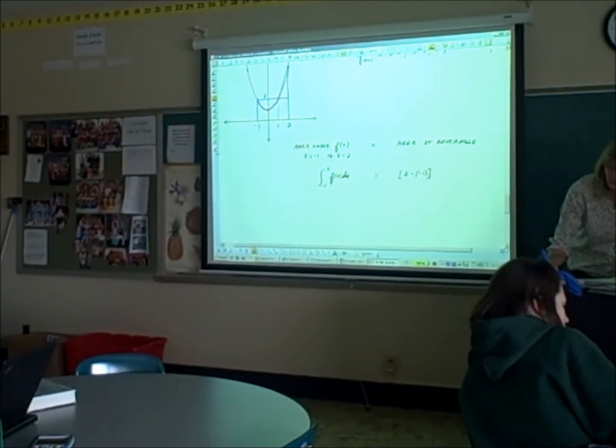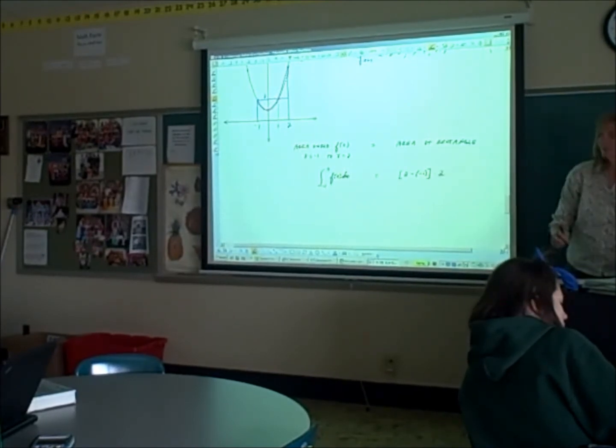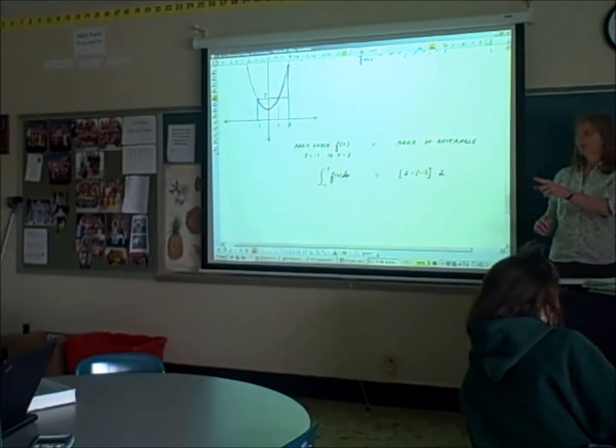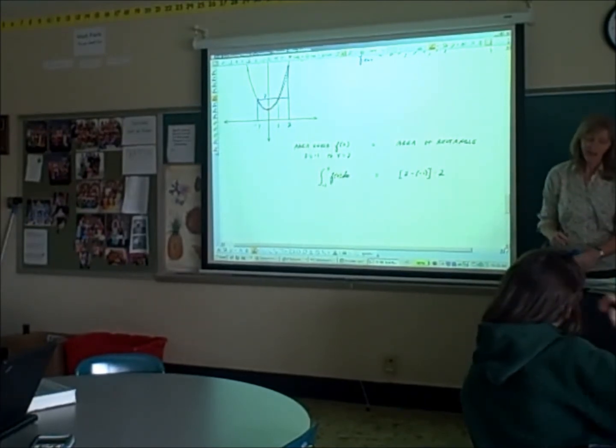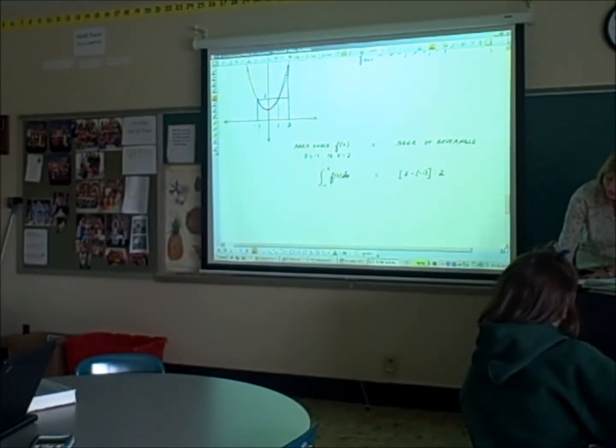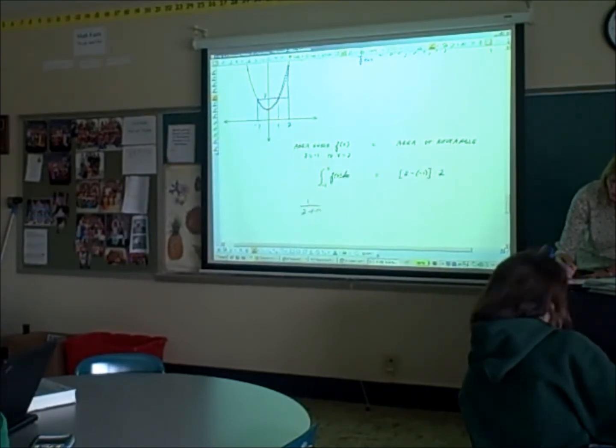That's the width, the base, times what's the height? The average value of f. Yeah, the average value. So I'm going to go ahead and write this then. I'm going to solve this for that f right there. I'm going to divide both sides by 2 minus -1. And here's what you have.